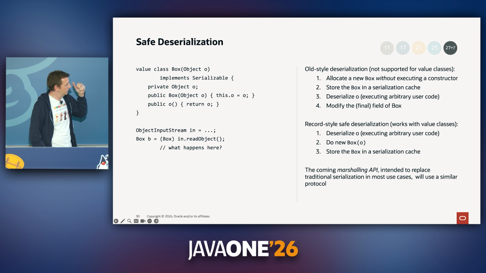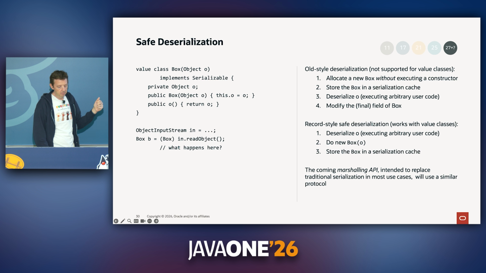We'd like to be able to have a deserialization protocol that says deserialize the fields or the components, invoke the constructor, and then store that thing in the cache. Only publish it after it's fully constructed through a constructor. Then I know as a class author, all the instances that are out there have gone through my constructor, and I've been able to validate their data.